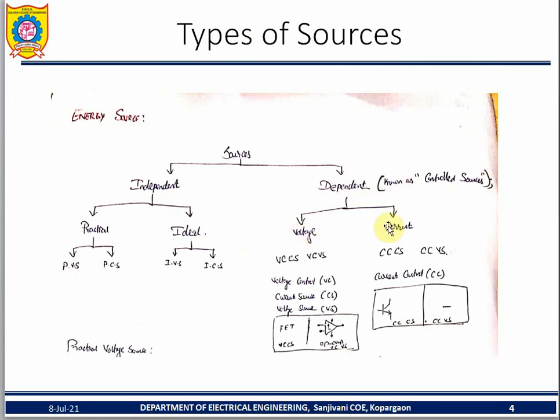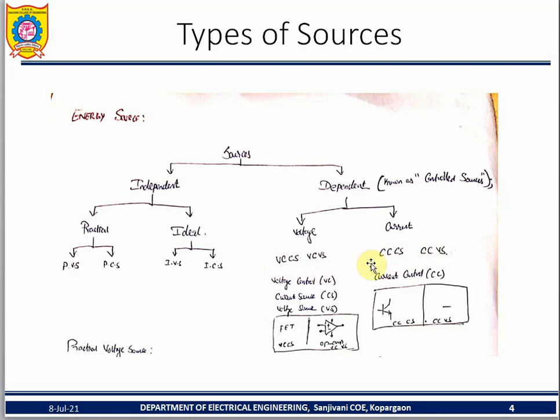And then a dependent source is nothing but the controlled source. It is also further classified into voltage source and current source: voltage controlled current source, voltage controlled voltage source, current controlled current source, current controlled voltage source.